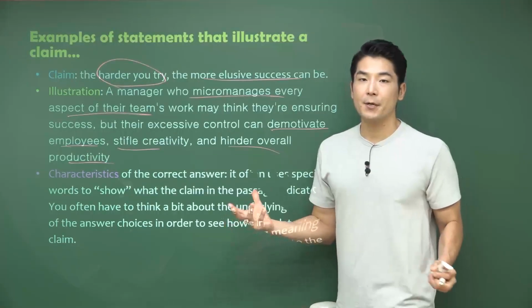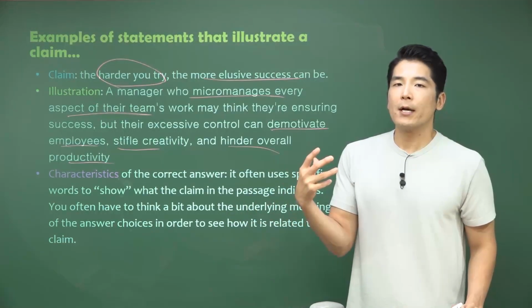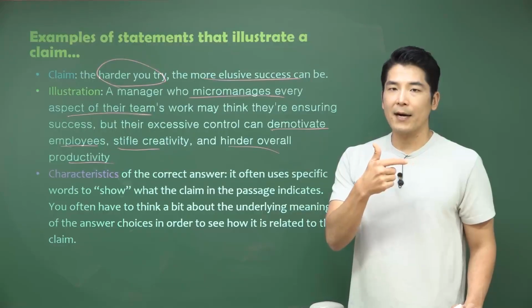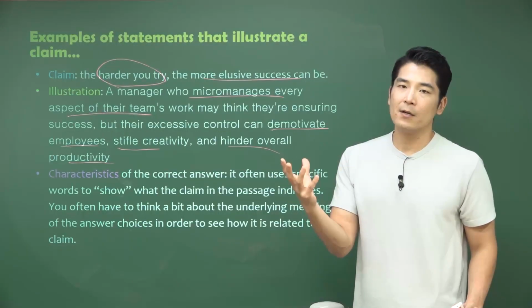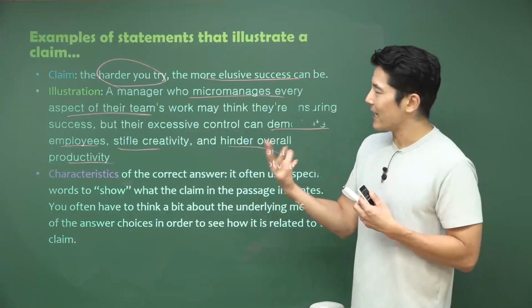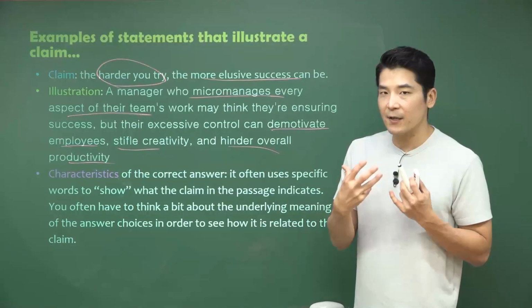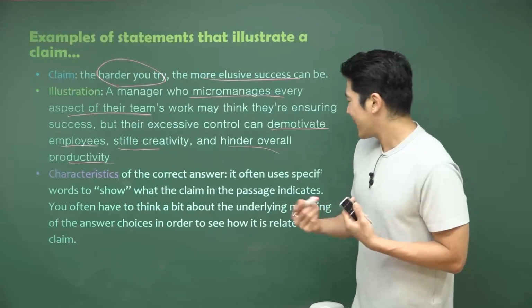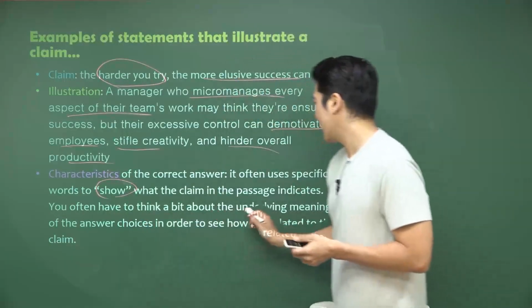It might seem obvious, but a lot of wrong answer choices are going to be wrong because of that. It's not directly related to the claim at all. And secondly, the correct answer oftentimes uses more specific language. Like I said, it shows you what the claim indicates.